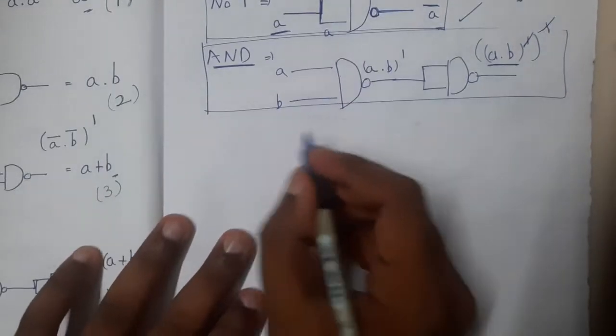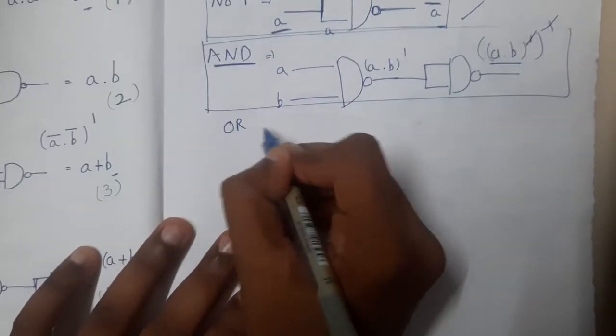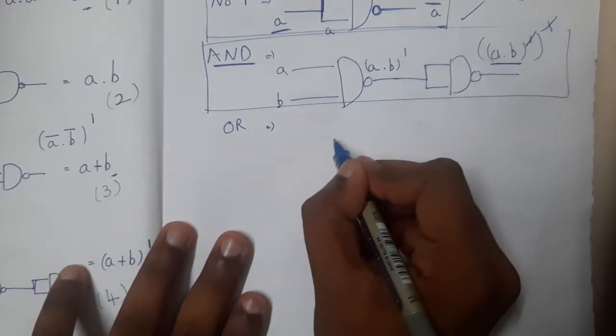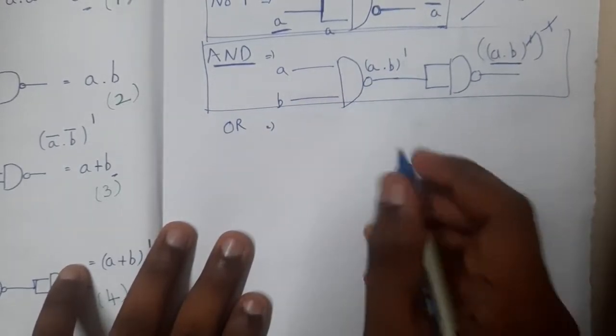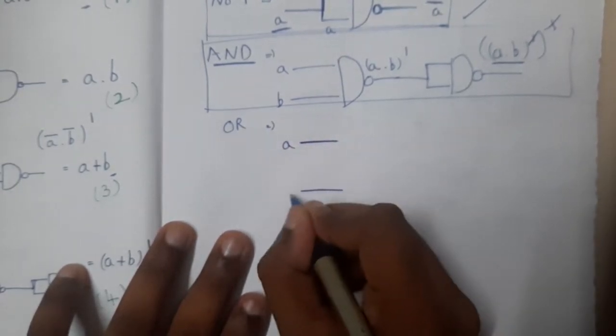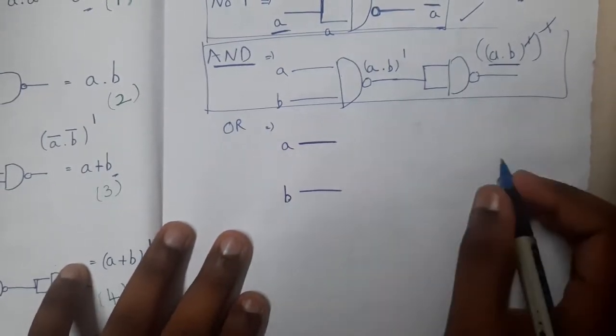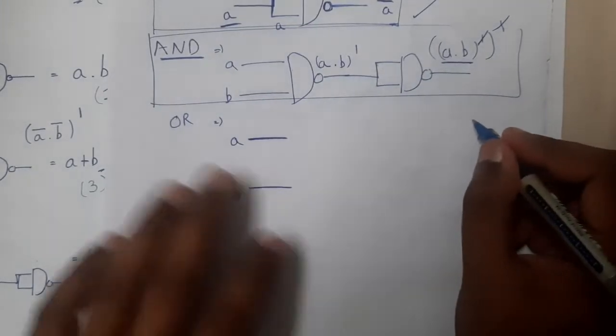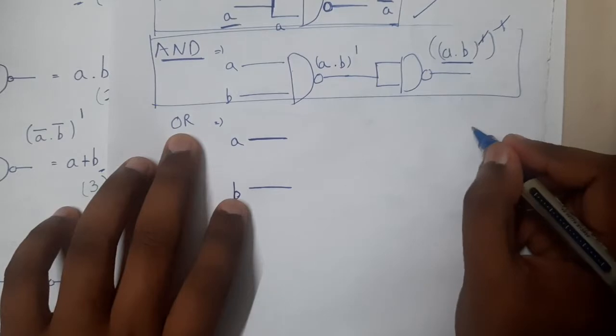Got it? Yes. So now moving on to OR gate. OR gate implementation will be a bit confusing or a bit different. So concentrate, guys. We will be giving A as an input and B as an input, guys. Before drawing the diagram, try to analyze things, guys. You want to design OR gate.